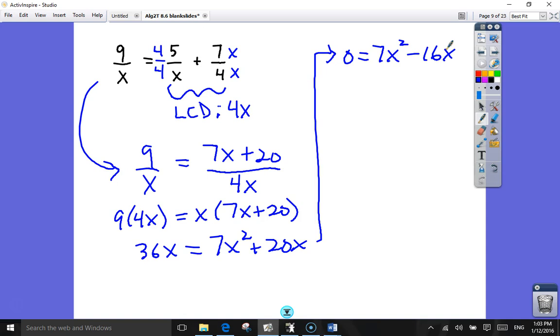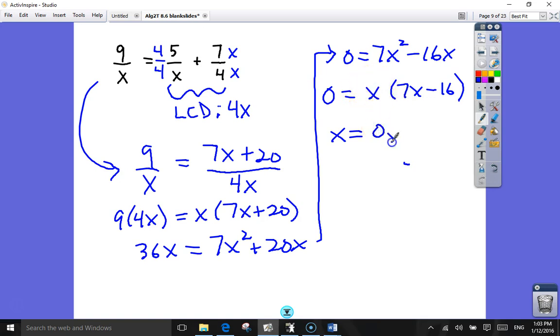Notice it's not a trinomial, so we don't need to find which numbers multiply to this and add to that. There's a common factor of x, which if I factor it out, I have two linear factors, so I can solve this pretty easily, right? What is the solution that comes from this standalone x?